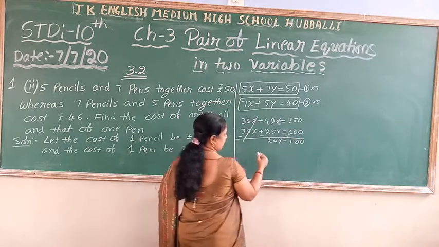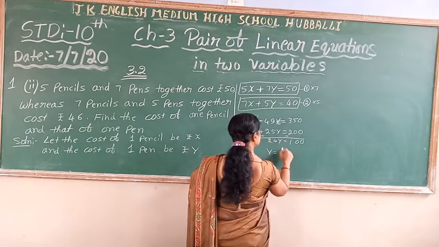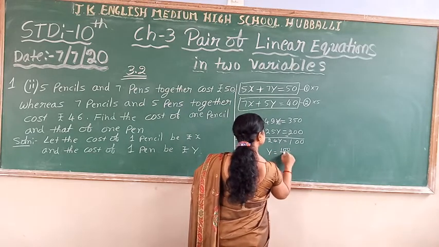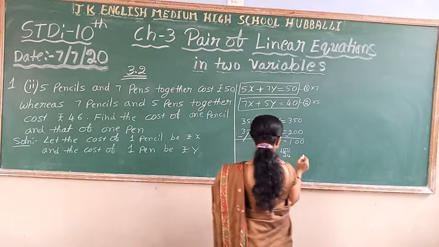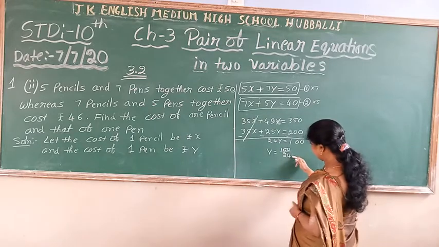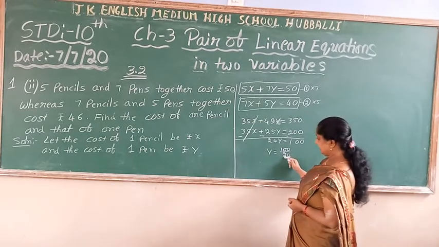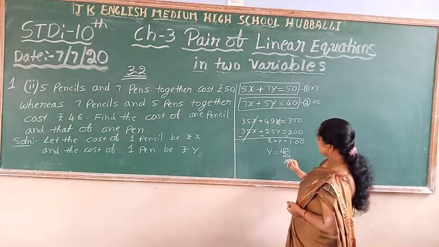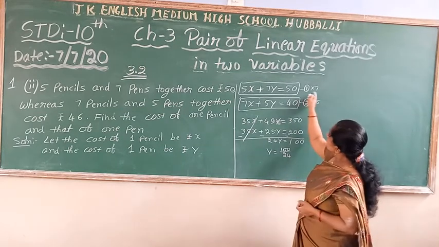Then simplify now. If you simplify, 5 4s are 20, 5 2s are 10, 120 it becomes. Now see, correct no?